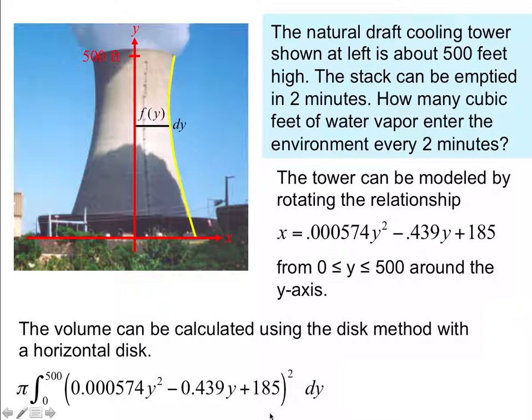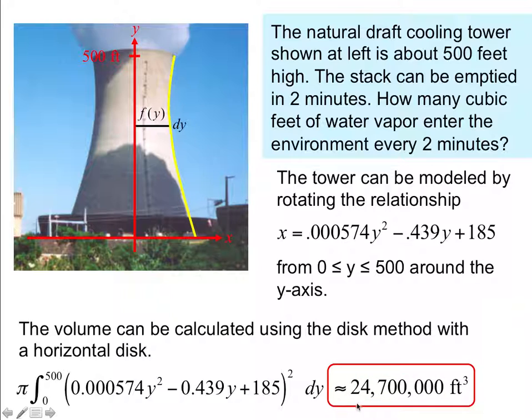And we're not going to FOIL that out. This is definitely an opportunity to practice your FN int. So if you go ahead and FN int this, we're looking at something that is about 24 million cubic feet of water vapor that can be held in this cooling tower.